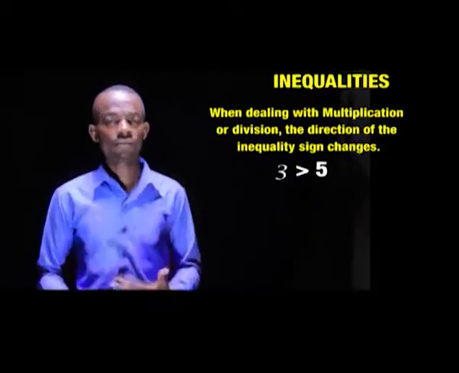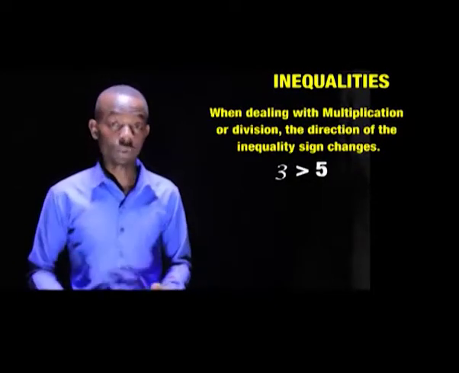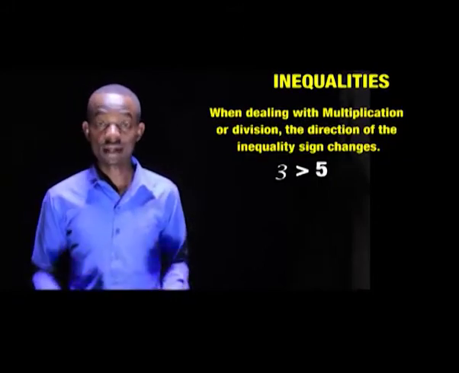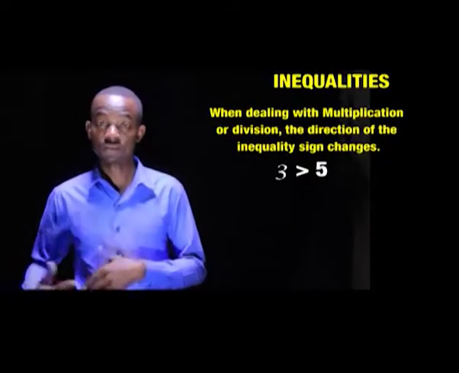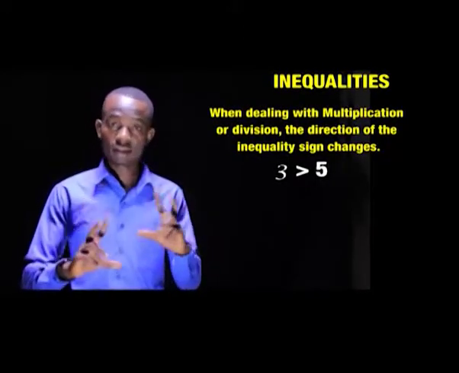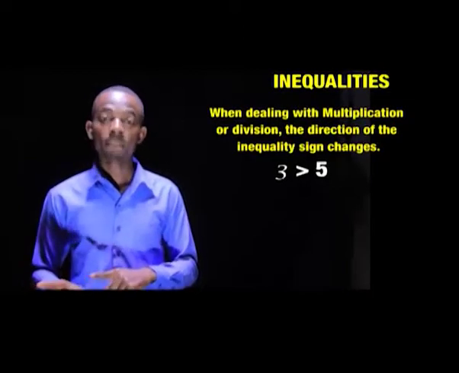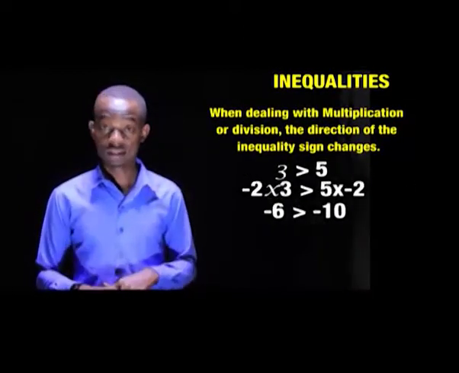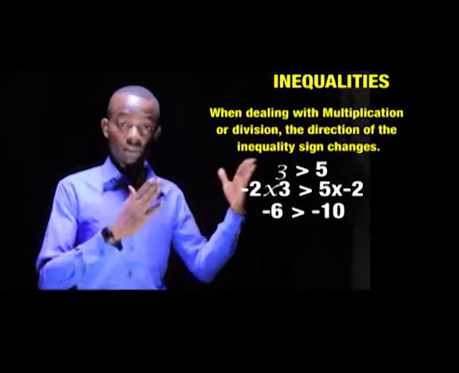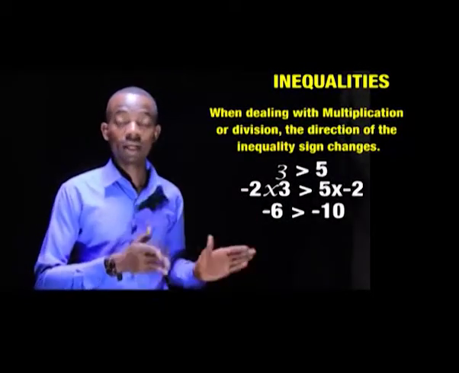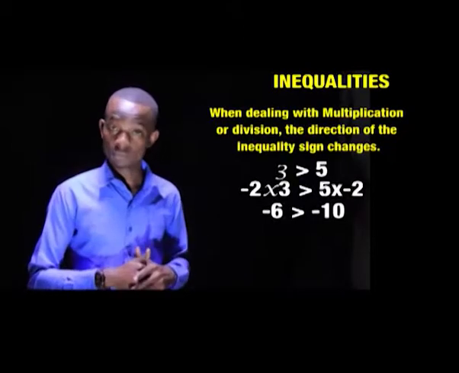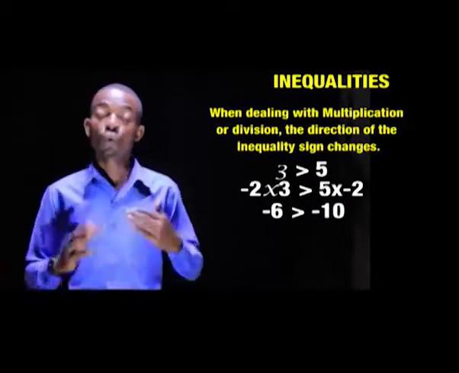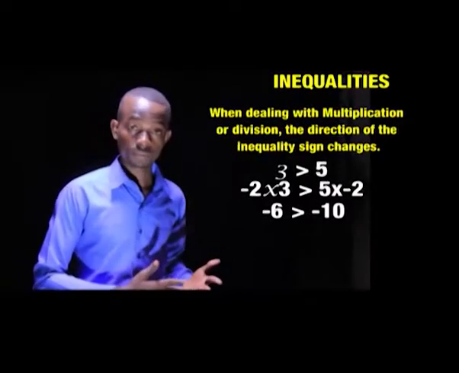For example, I may have an inequality, 3 is less than 5, and that is true because we know that 3 is less than 5. If I decide to multiply by negative 2 on both sides, I multiply negative 2 on my left hand side where there is a 3, and also on the right hand side where there is a 5.